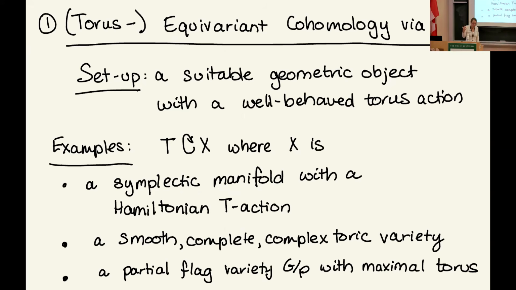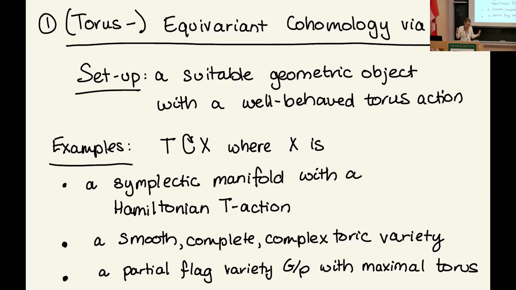Okay, so the setup, again, we've got some sort of suitable geometric object with a well-behaved torus action. There's various different ways you can say what any of these adjectives mean, but some of the things that are most commonly used in this setting: symplectic manifold with a Hamiltonian T action, smooth, complete, complex toric variety, partial flag variety G mod P with its maximal torus acting on it.